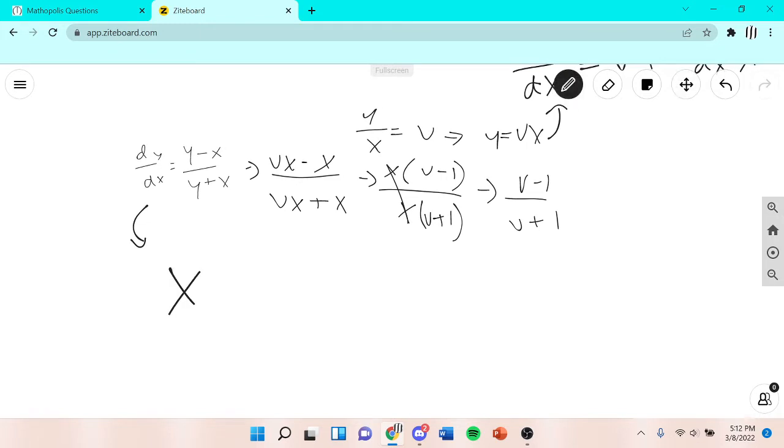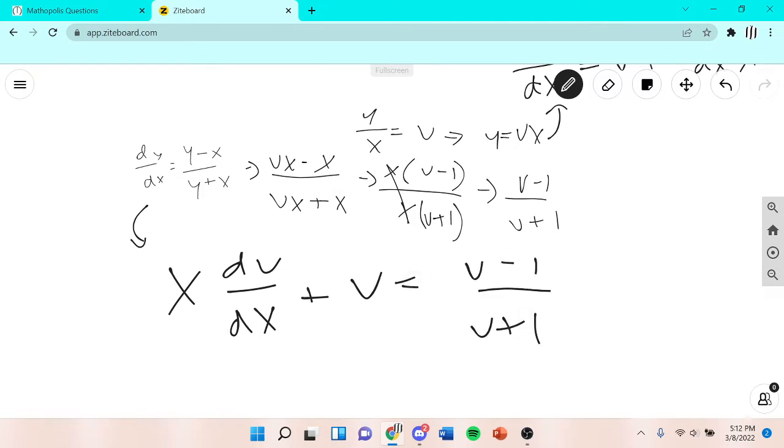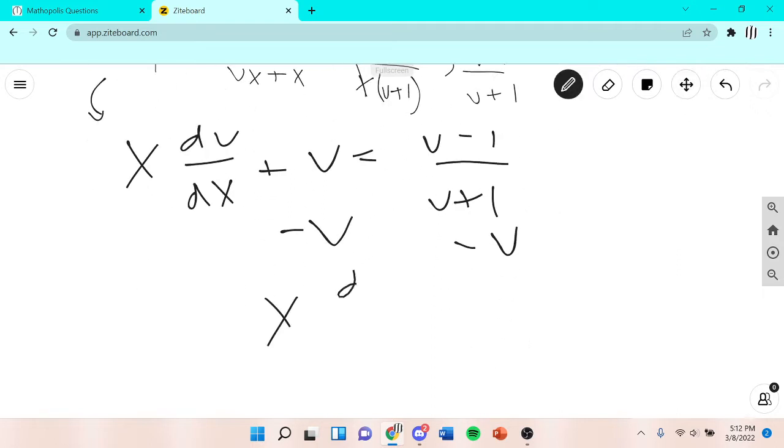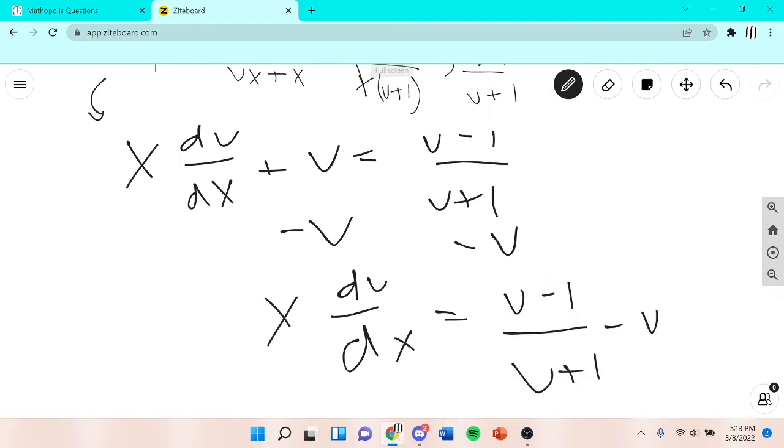So I'm going to say x dv over dx plus v is equal to v minus 1 over v plus 1, then minus the v on both sides, so we're going to get x dv over dx is equal to v minus 1 over v plus 1 minus v.